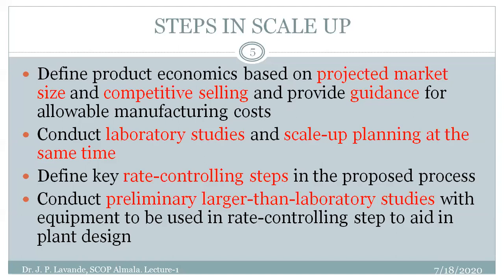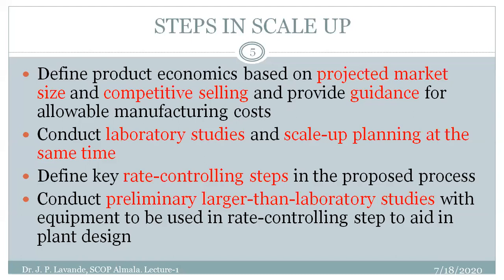The fourth step is the conduction of the preliminary larger than laboratory studies. As I already told you, if at lab scale we are going to be manufacturing, let us say for example tablets, some 50 tablets, now the same type of tablet can be produced in number of say 500 or say 5000. So larger than the laboratory studies.